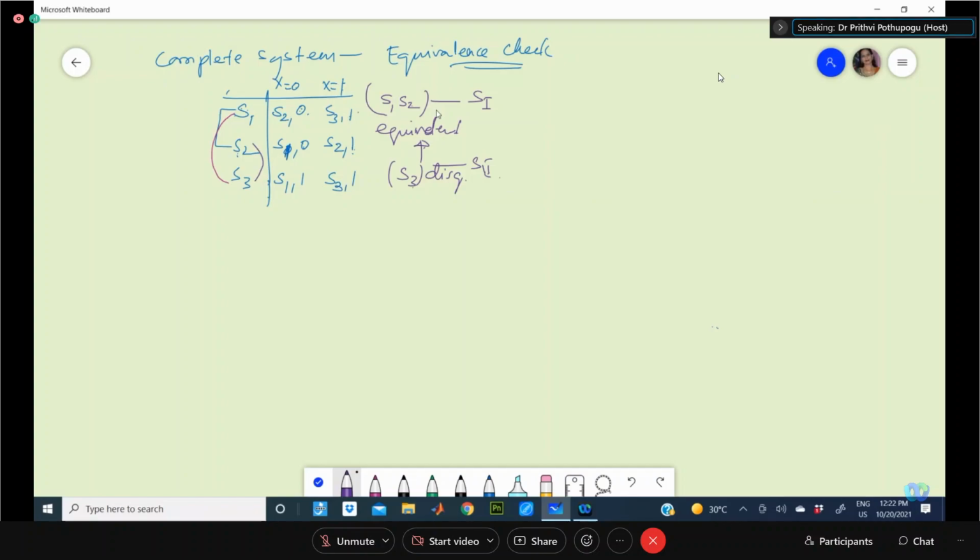There is no conflict or varied response to the same input given. Whether you give the same input to S1 or S2, the system response is the same. That means you can group them together as one state. If 3 or 4 states are giving the same response, you can group them into one state.